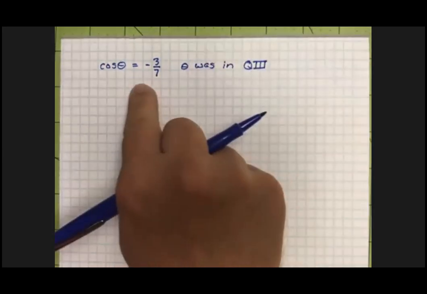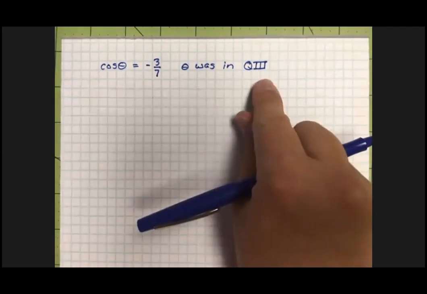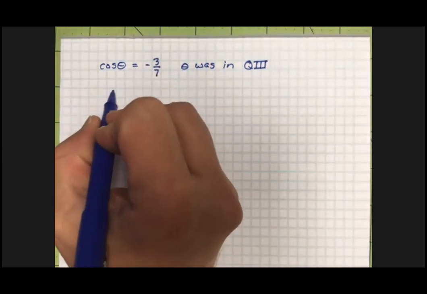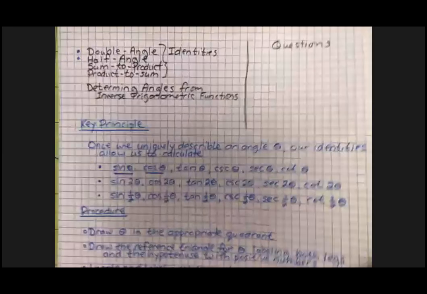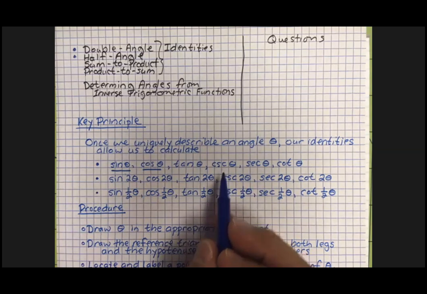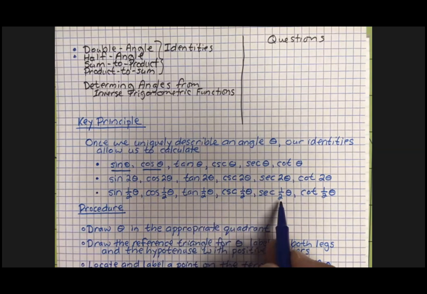Now that's enough information to draw one and only one angle between 0 and 360 degrees. Now, we had a long list of functions, right? So what if I just pick some random values off of here? Let's take the cosecant of theta, the tangent of 2 theta, the secant of 1/2 theta.